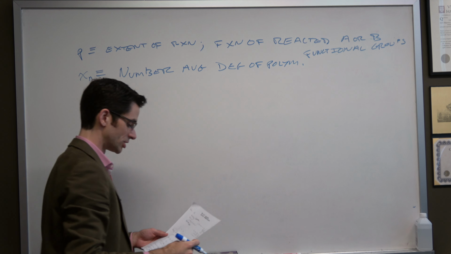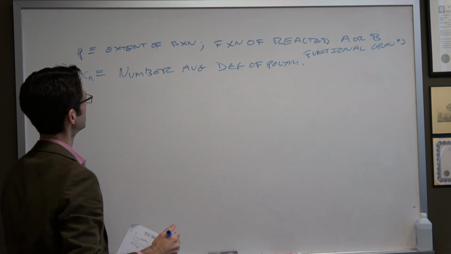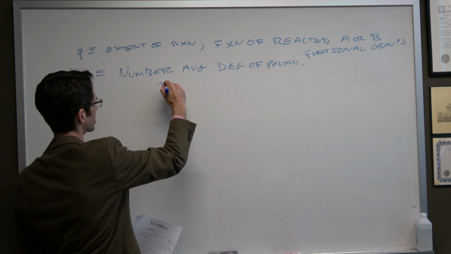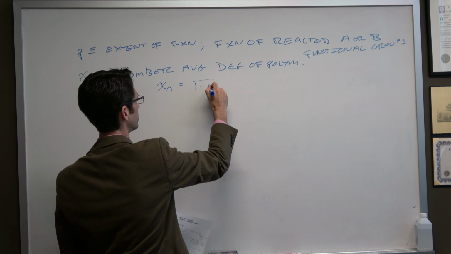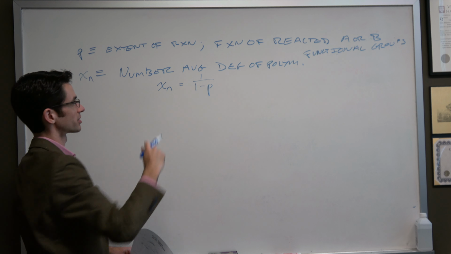The number average degree of polymerization is related to the extent of reaction by the Carothers equation. X sub n equals 1 over 1 minus p. This is the Carothers equation.